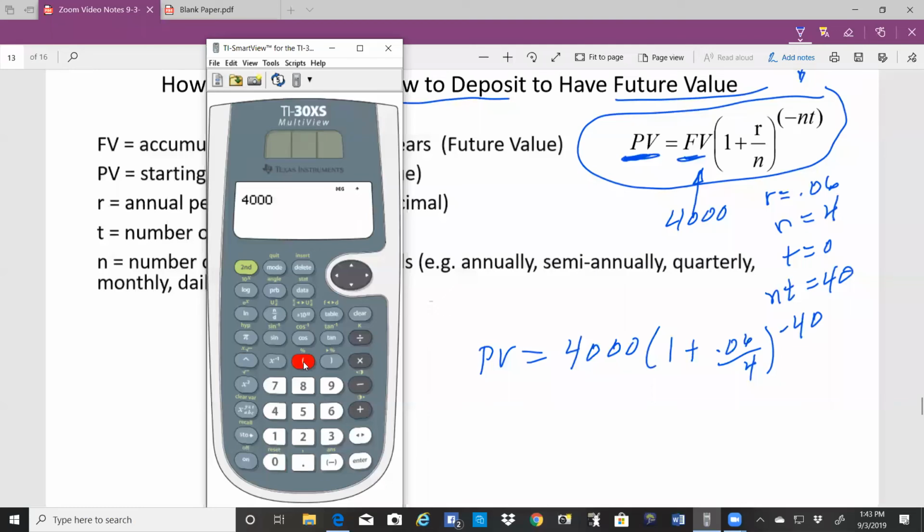Nobody that I know is perfect. Let's see, to the minus 40th power.